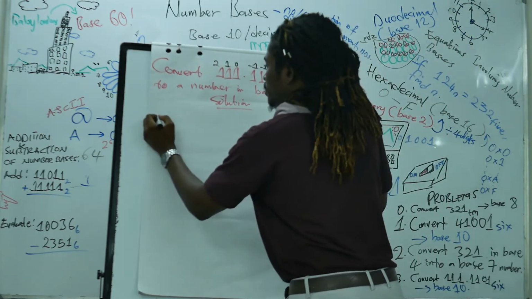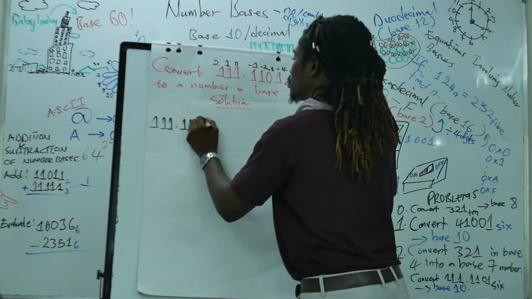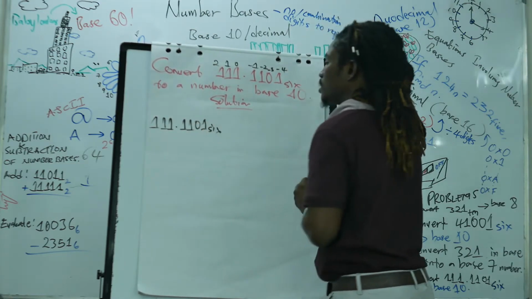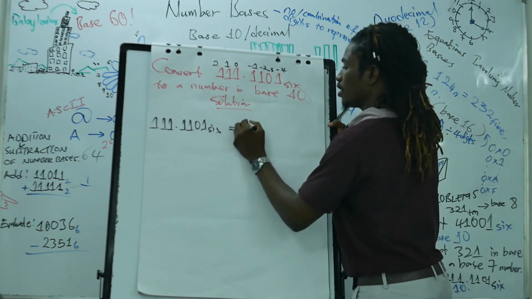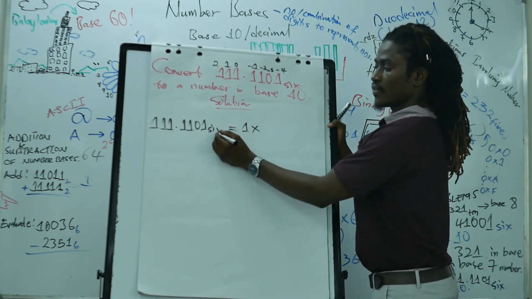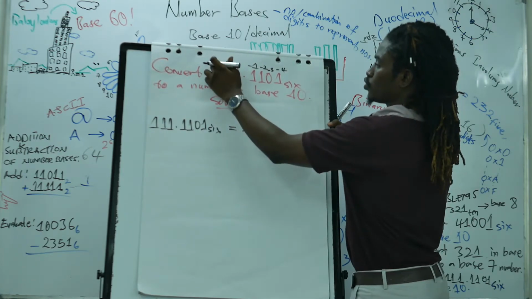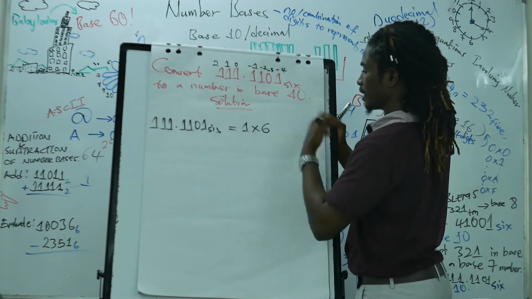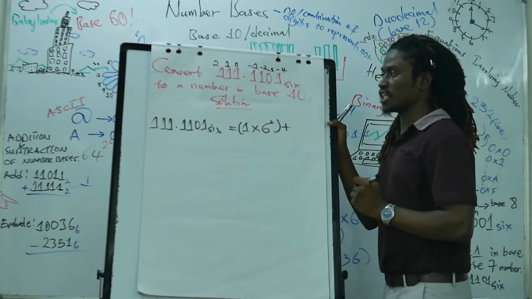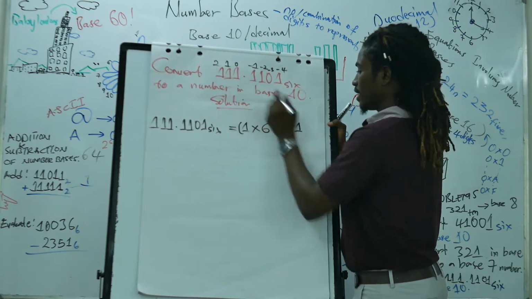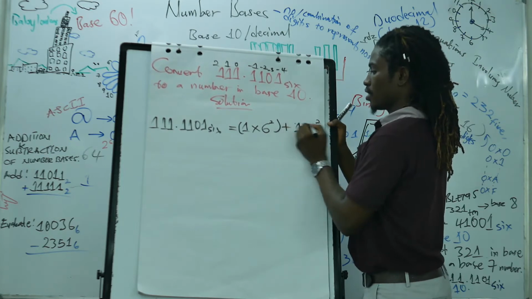So let's take this number 111.1101 in base 6. That will be equal to, we expand as usual. It's going to be 1 multiplied by the base, we're dealing with 6, raised to the power 2, because we're starting from the left coming in. Then we take the next number 1, multiplied by 6 raised to the power 1.